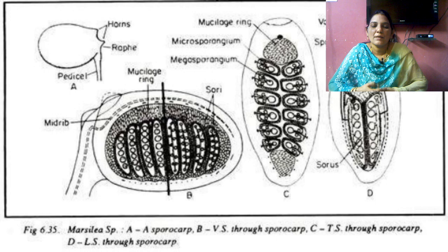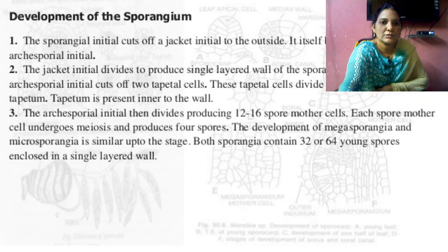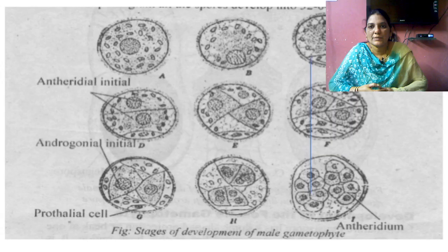The megaspore produces the female gametophyte, and here we can see the clear picture. Then the microspore produces the male gametophyte, and the megaspore produces the female gametophyte.